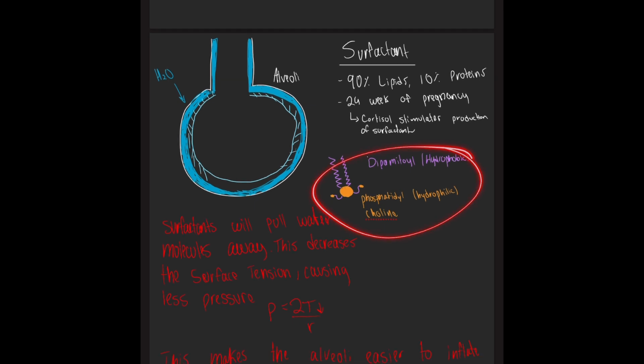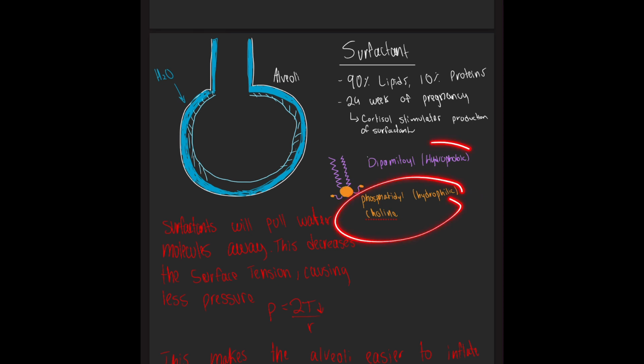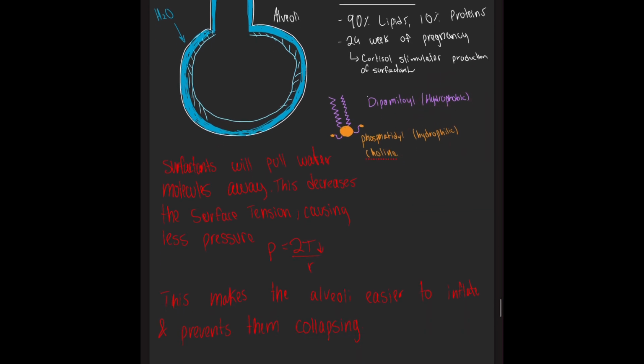We have two important parts of the surfactant. We have the dipalmitoyl part, which is these two fatty acid chains. We have the phosphatidyl choline, which is the hydrophilic part, and then we have the hydrophobic part, which is the fatty acid chains.